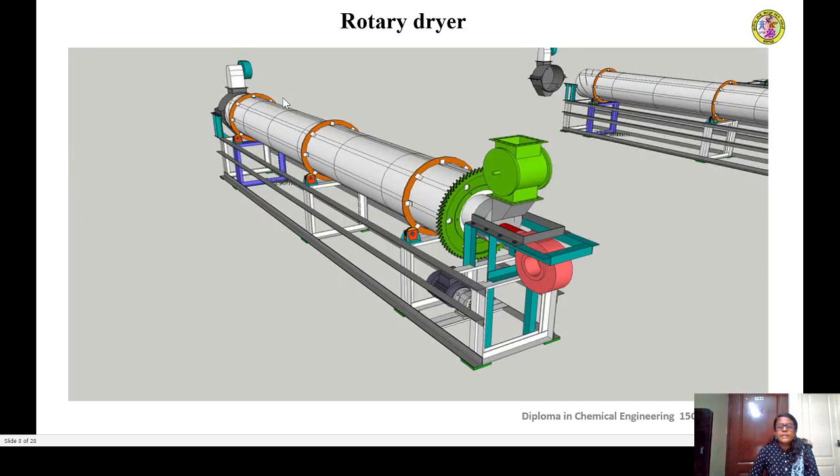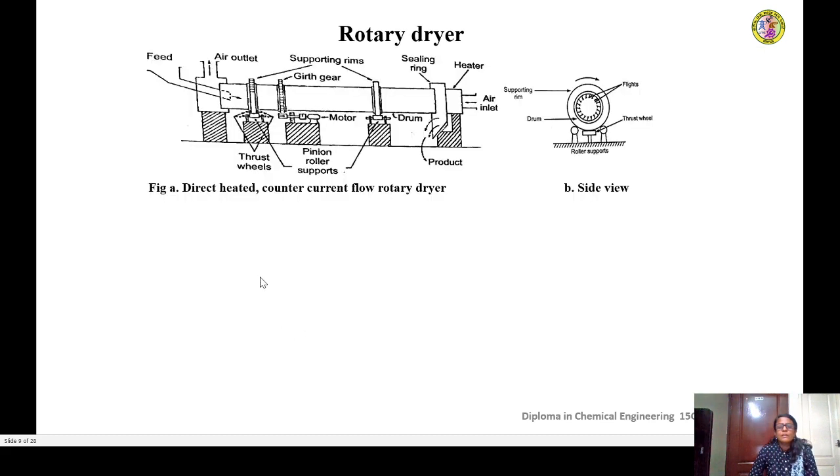So this is a 3D view of a rotary dryer. So this is the feed end, the drive gear mechanism, then supporting rims, the horizontal cylindrical shell, and this shell will be inclined at an angle with the horizontal. So let us understand its construction.